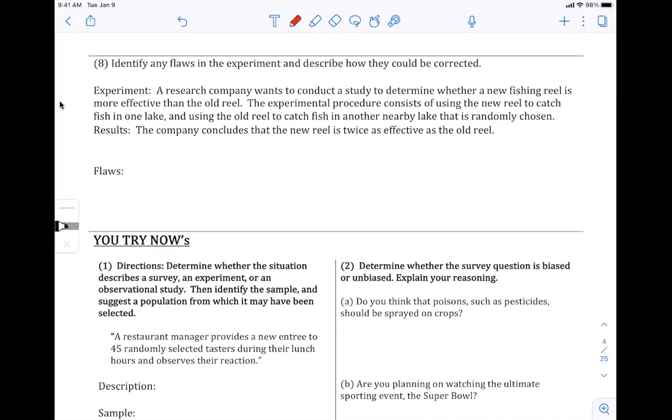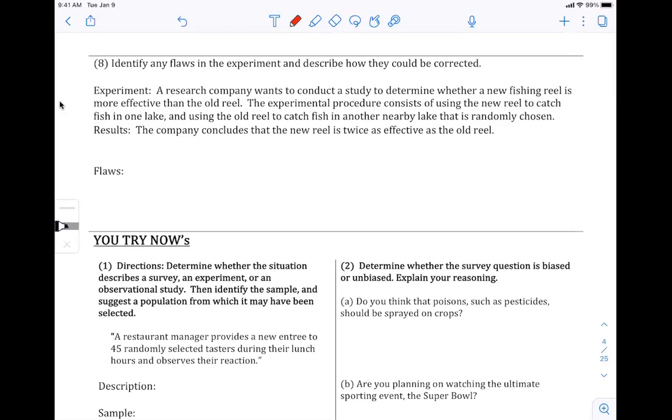So for this one, we're conducting an experiment. It says a research company wants to conduct a survey to determine whether a new fishing reel is more effective than the old reel. The experimental procedure consists of using the new reel to catch fish in one lake and using the old reel to catch fish in another nearby lake that is randomly chosen. The company concludes that the new reel is twice as effective as the old reel.